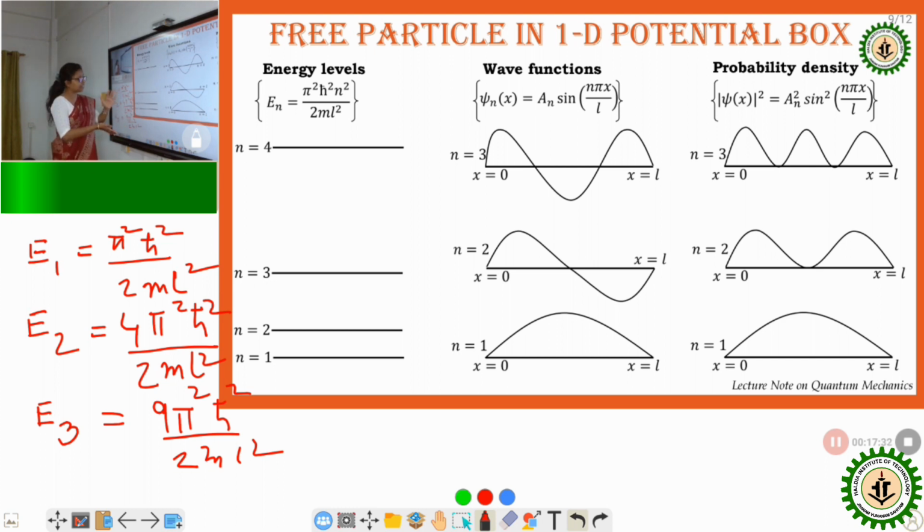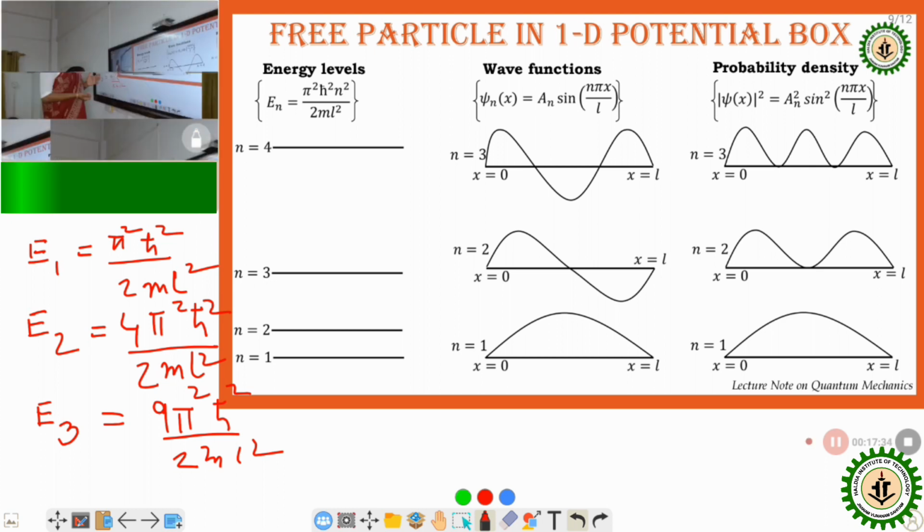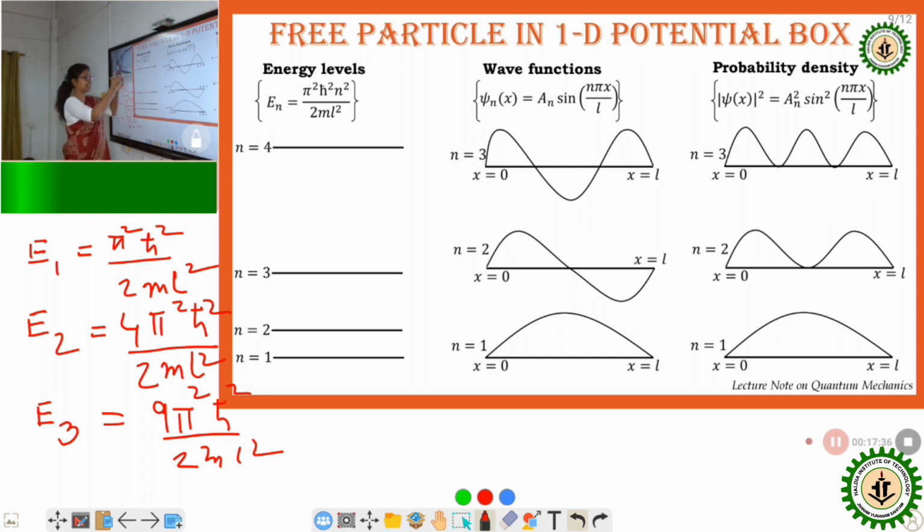That means the difference between two successive energy levels is going to increase as you go far away from the ground state to the nth state. See the difference. This is E2 minus E1.